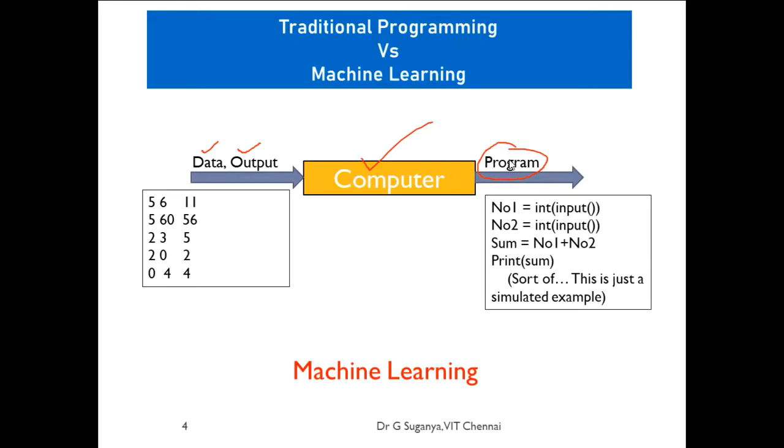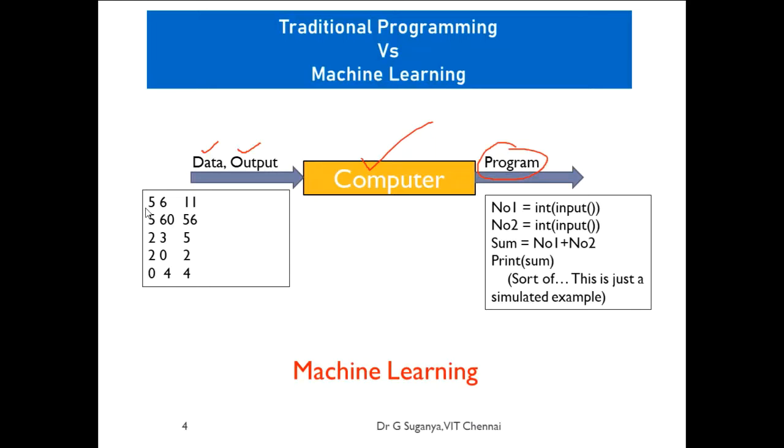What is this program? It will be automatically constructed based on the data, the output, and a pattern learned from that environment. Once this program is constructed, you can give it similar new data and it is expected to give the same kind of output that we used for training the system.